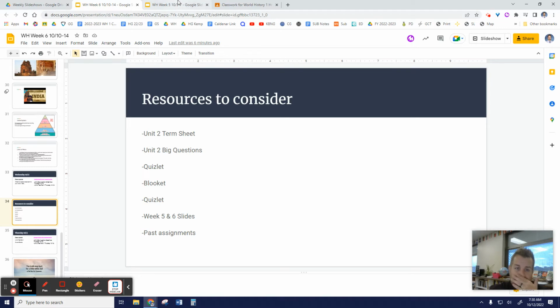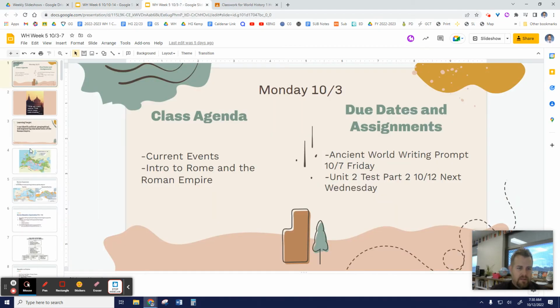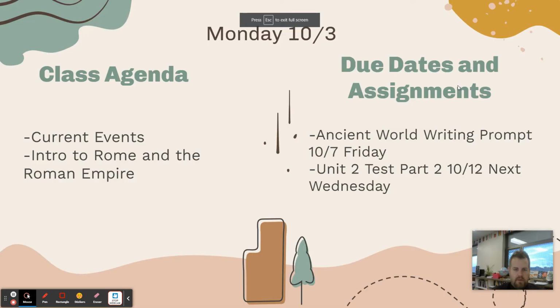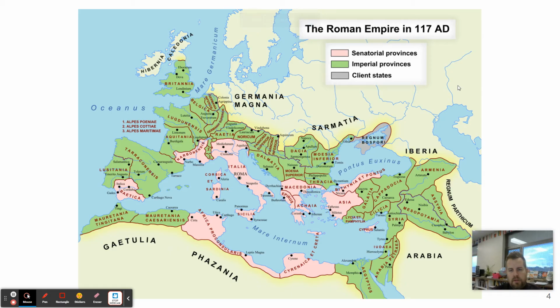All right, so let's go ahead and start back with the introduction of Rome. I'm going to full screen this here. Here we go. We see here our Roman Empire at the height of Roman power. Various city states and territory were set up, some for the main core of Rome, and then the imperial provinces that turned into tributary states.